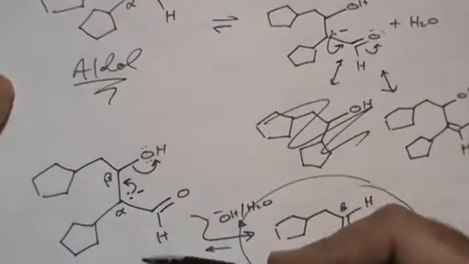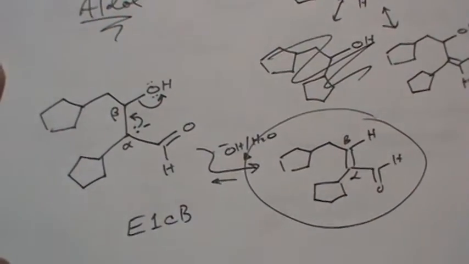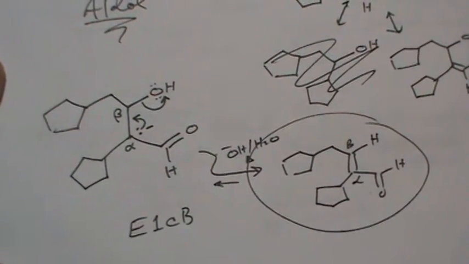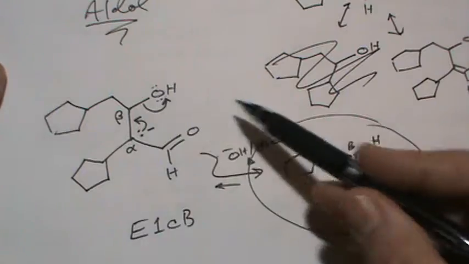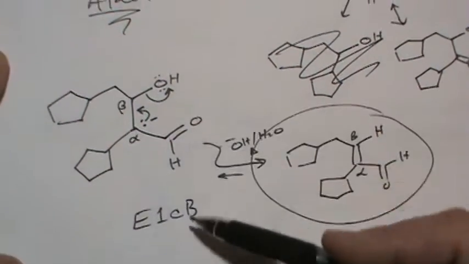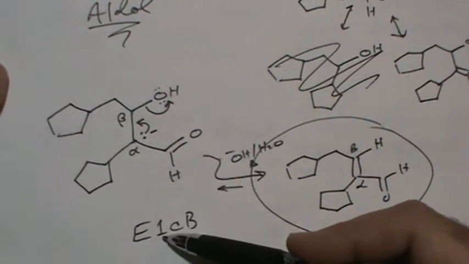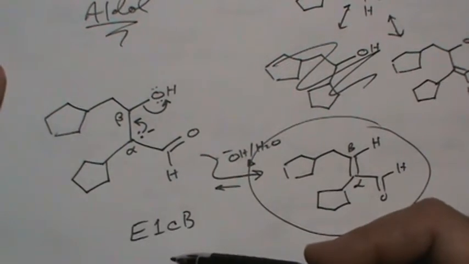If that's the acid, then this species here is the conjugate base. Once you pull the proton off, you generate the conjugate base. The conjugate base eliminates the poor leaving group OH- in an E1 unimolecular elimination reaction.